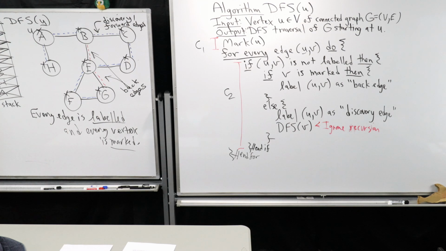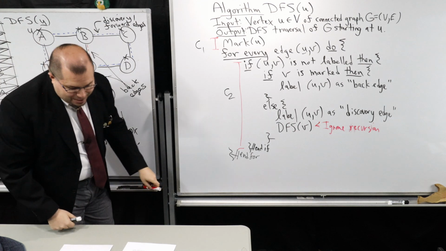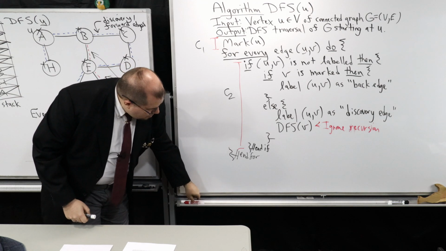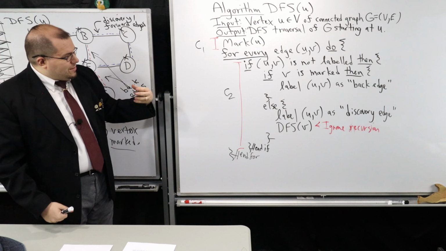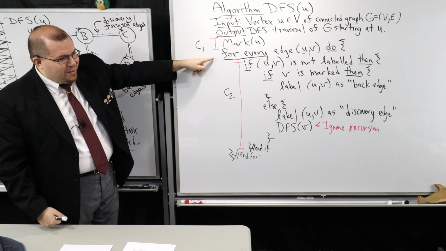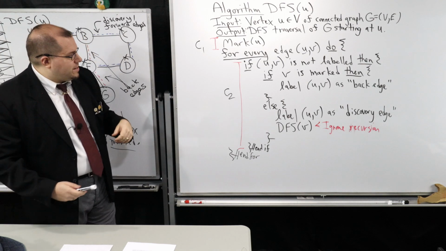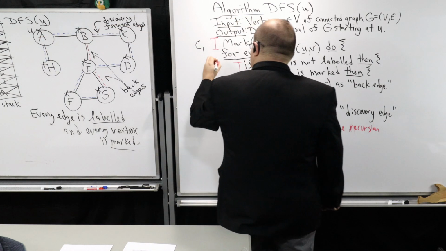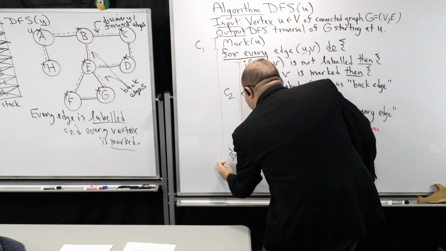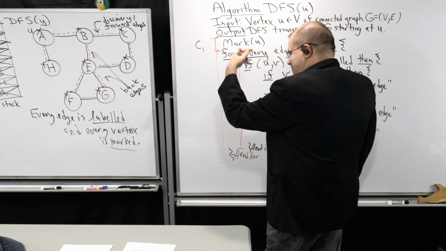So notice that if I'm doing my analysis, I want you to observe what happens when we bring in one other thing, this loop here. This loop is going to play a very important role in how we do the analysis here. If I'm looking at the overall running time of this, ignoring the recursion, I better take into account this loop.